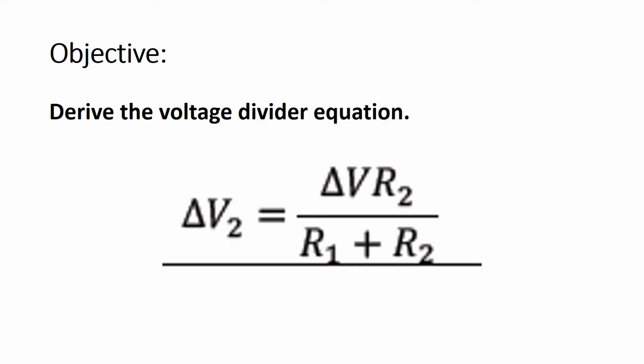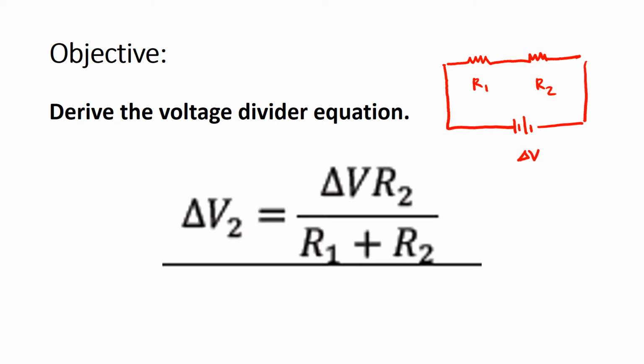In this tutorial, we are going to derive the voltage divider equation. So for example, if this is our voltage divider composed of resistors 1 and 2, I'll call this R1 and I'll call this R2, connected to a power supply. We label our power supply as delta V. So here we will have delta V1 and here this is delta V2.